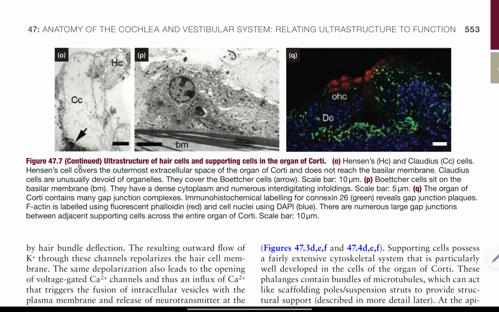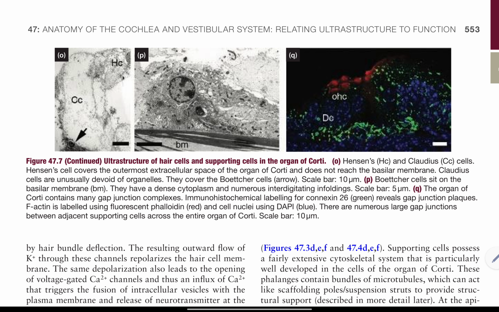Figure 47.7. Ultrastructure of hair cells and supporting cells in the organ of Corti. Figure O. Hensen's HC and Claudius CC cells. Hensen cell covers the outermost extracellular space of the organ of Corti and does not reach the basilar membrane.